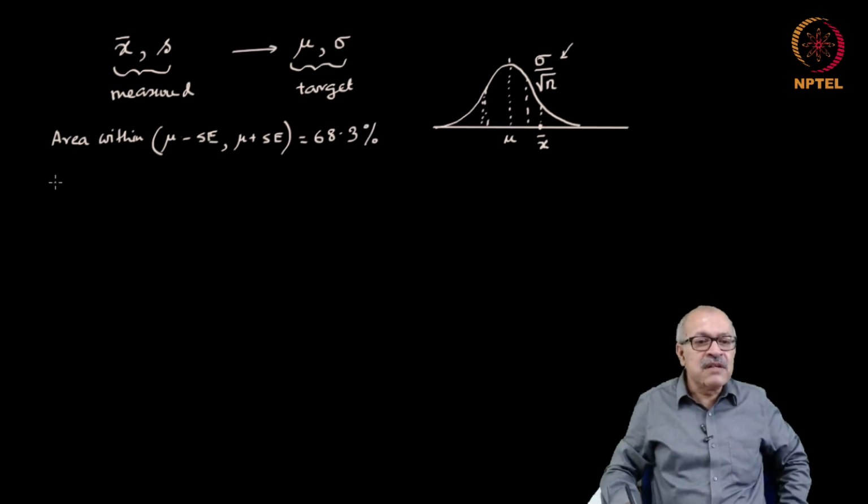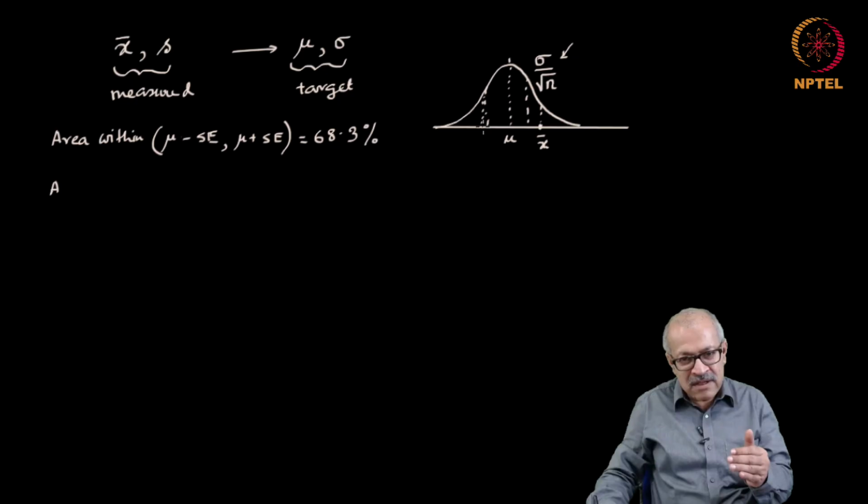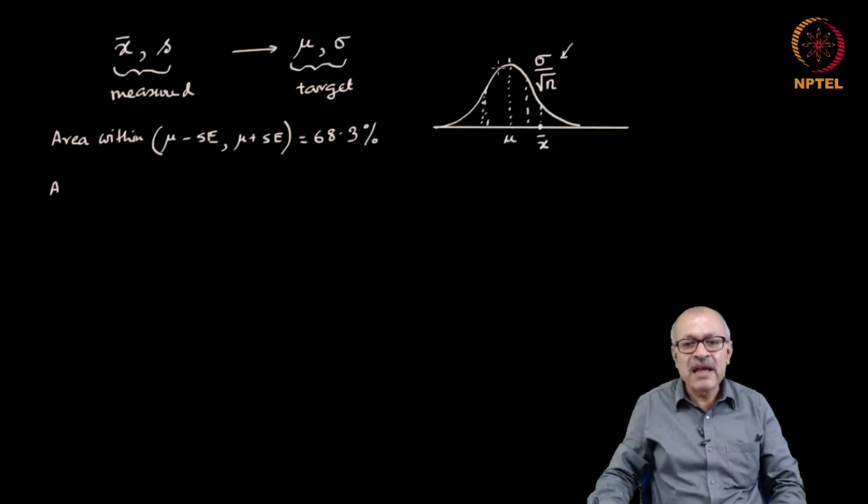And we have also seen that you can calculate how far you have to go so that the area under the curve is 95%, and that has been calculated.